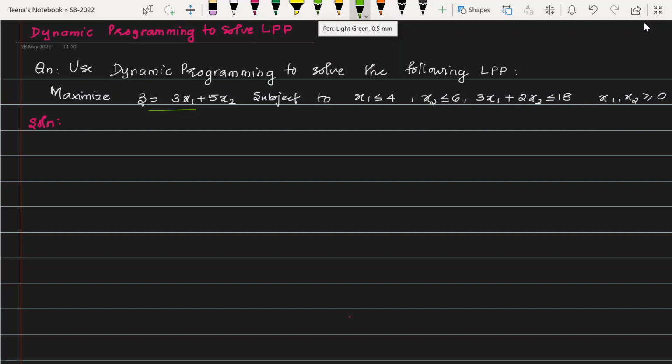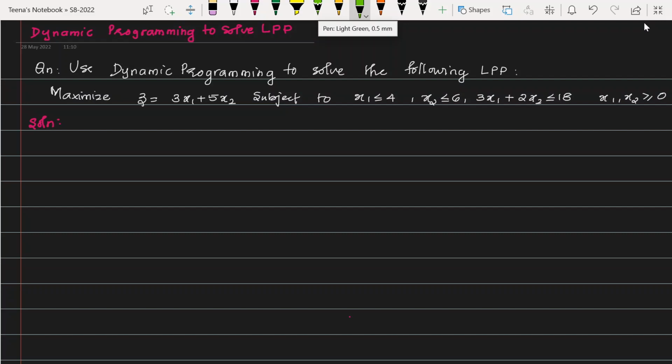So let me read the question. Use dynamic programming to solve the following LPP. Maximize z equal to 3x1 plus 5x2 subject to x1 less than or equal to 4, x2 less than or equal to 6, 3x1 plus 2x2 less than or equal to 18, and the non-negativity restriction x1, x2 greater than or equal to 0.